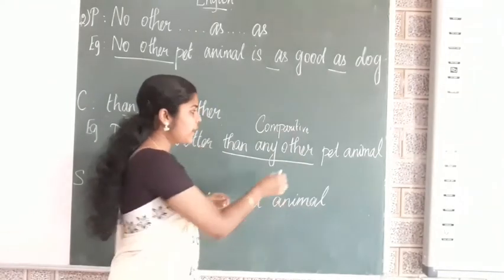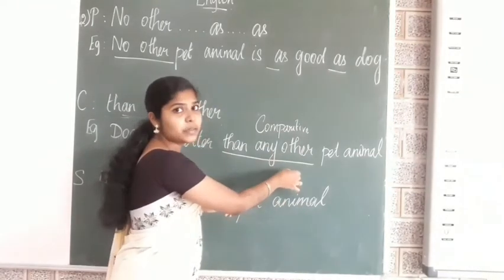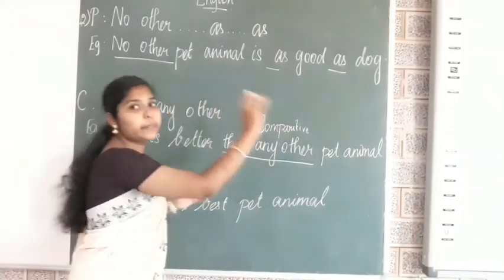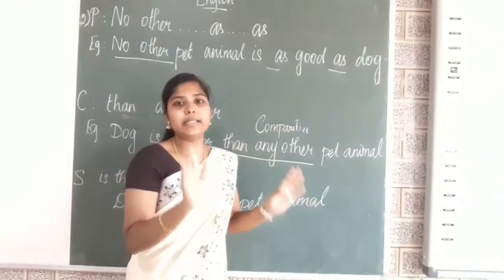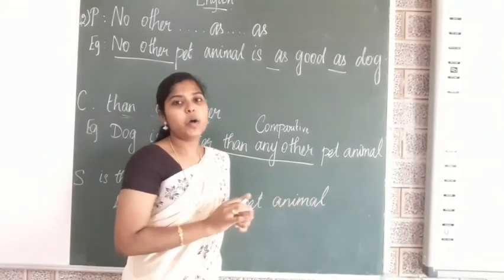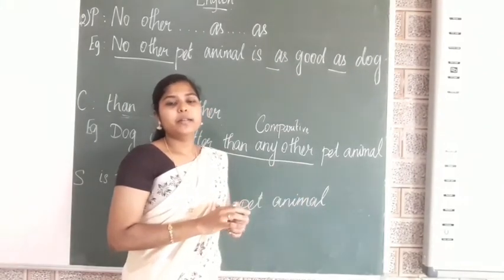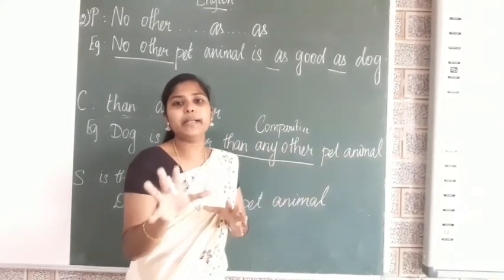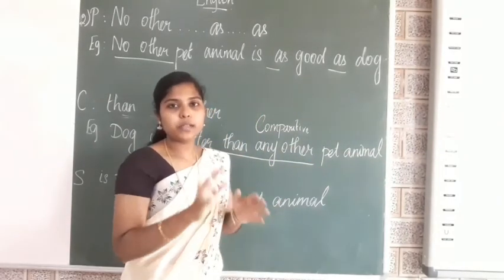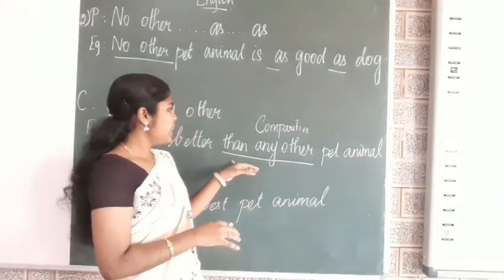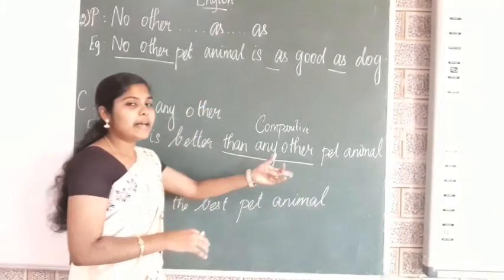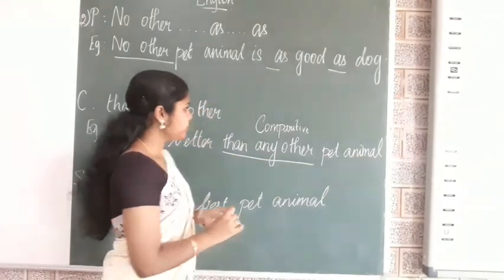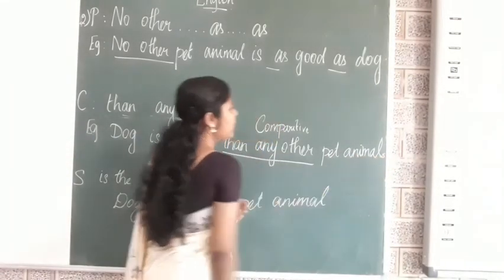Why have we added this any other? Because in positive degree we have said no other pet animal is as good as dog. The rest of the pet animals as a group is compared with a particular dog here. So in comparative we are saying that dog is better than any other pet animals.